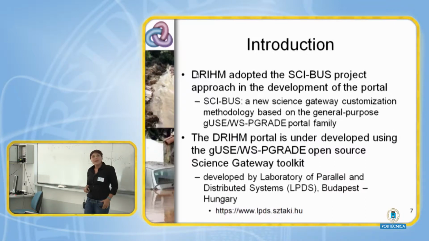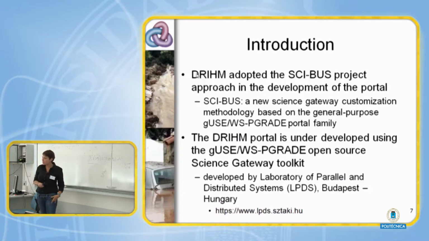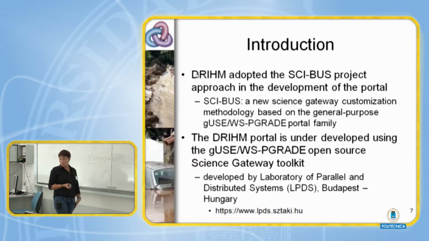To develop the portal, we adopted the approach proposed by the CIBAS project, another European project funded by the EU in the 7th FP7. CIBAS proposes methodologies to customize general purpose portal families that are developed through the gUSE WS-PGRADE technology.